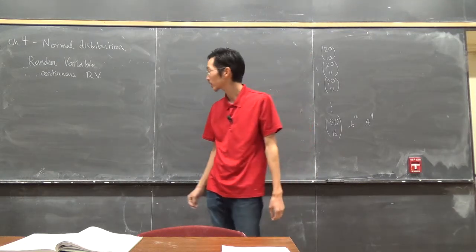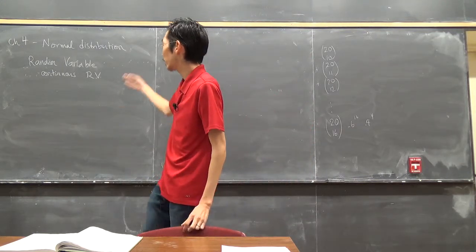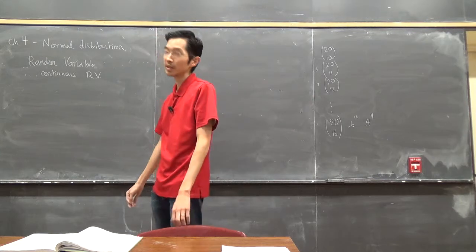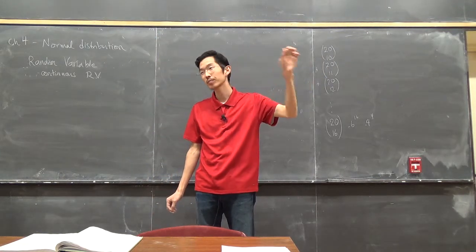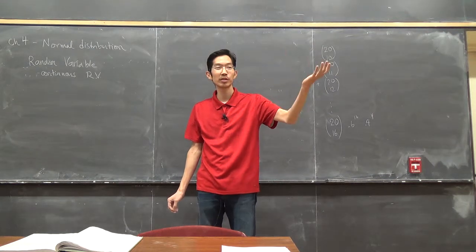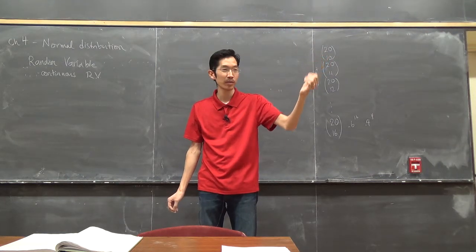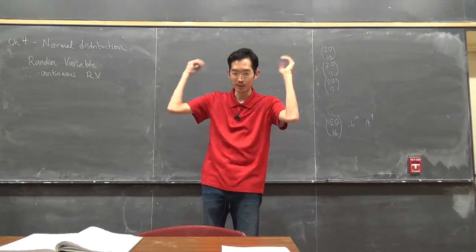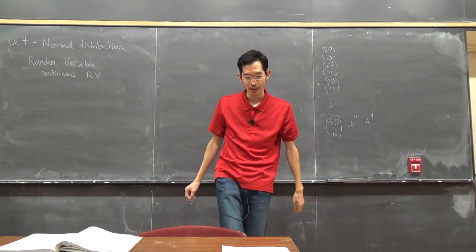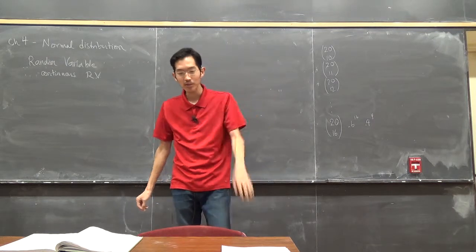So on the game we said you spin the wheel and however much you win, the amount you win is a random variable. Okay. For things like the normal distribution, it could be like we select a person at random and we measure this person's height. Or we select a person at random and we measure the circumference of this person's head, or whatever it might be.